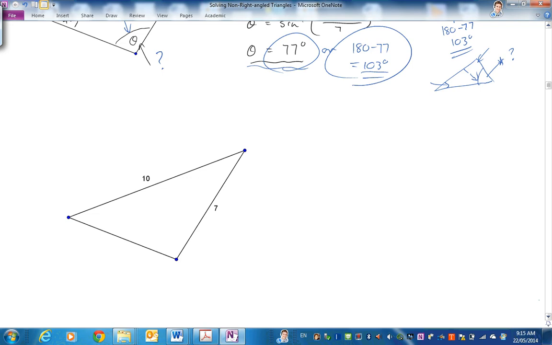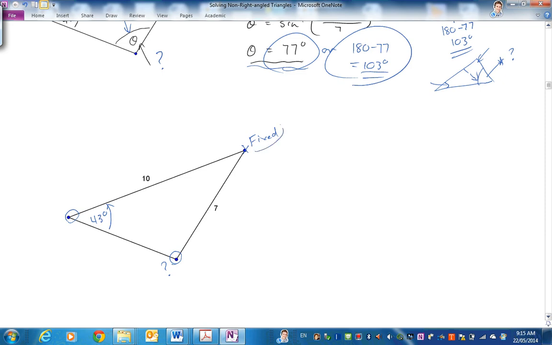Okay, let's see how it happens. Let's say you start here with this baseline and you draw up here 43 degrees. Then you go out and you fix this point, so that's fixed. Okay, now how can this point lie in more than one place? Let's have a look.